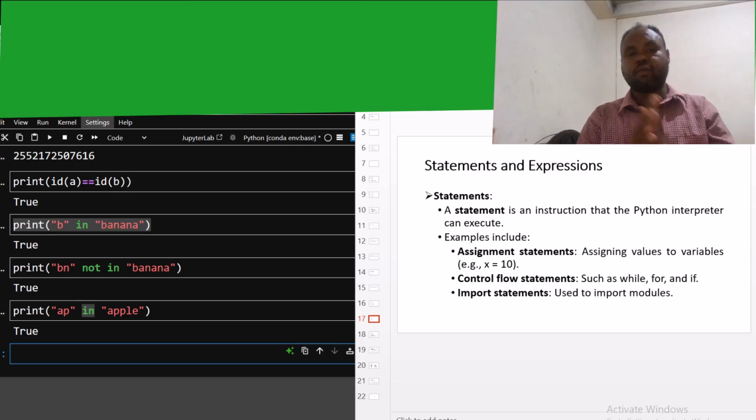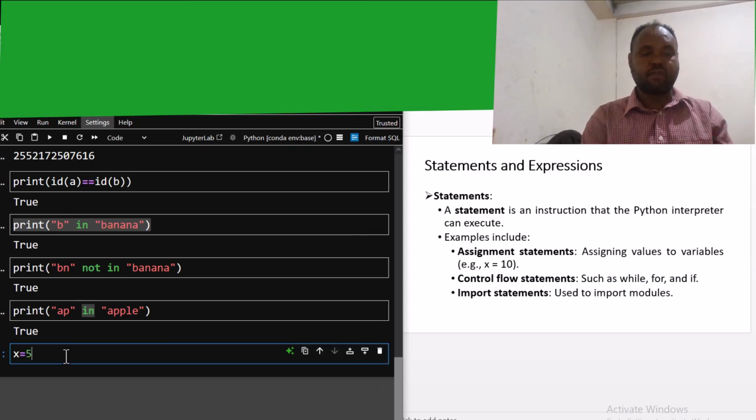Okay, let me give you some highlights about statements and expressions. These are not beyond these two operators and operands, but to give some highlights, statements are instructions that the Python interpreter can execute. For example, an assignment statement assigns a value from the right to the left side, such as x equals 5.